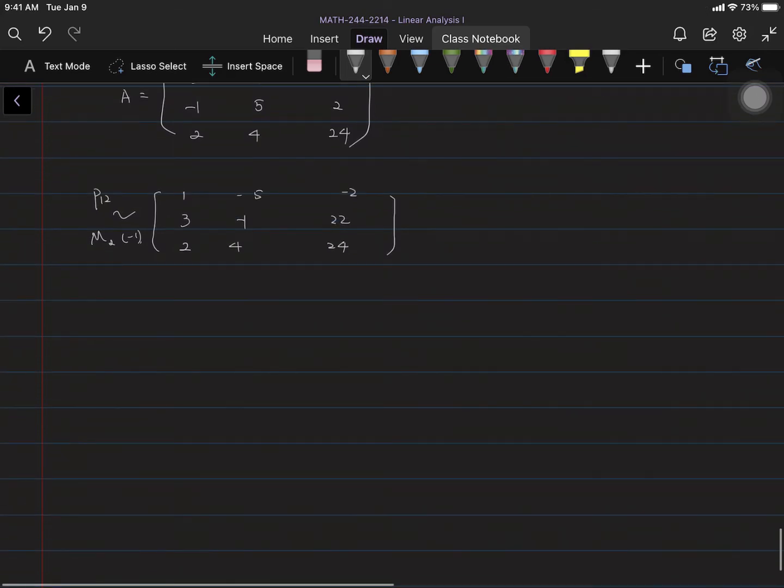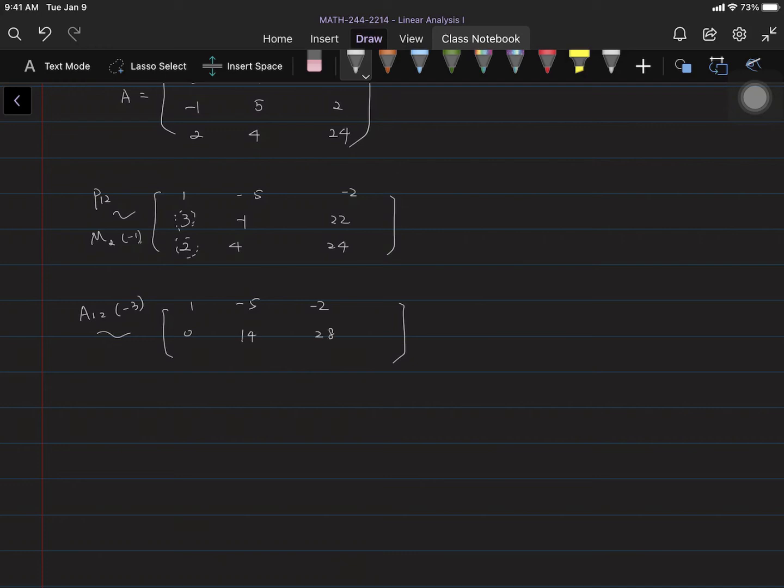Next, we need to make them into 0. I skip the notation procedure here; you can try to write it down by yourself, but we can save some time. 1 times -3, 0. -3, 15, 15 minus 1, 14.